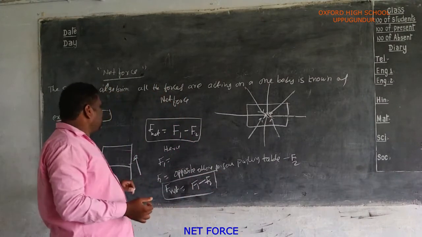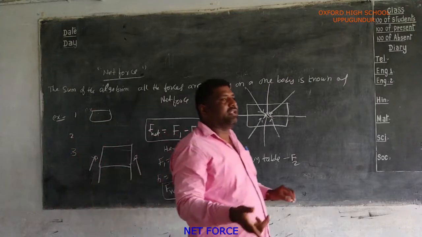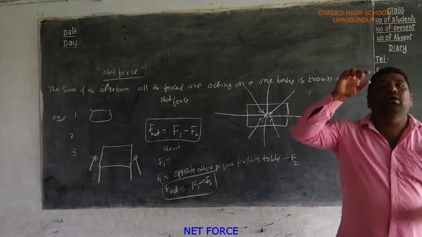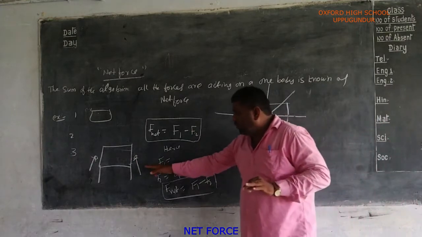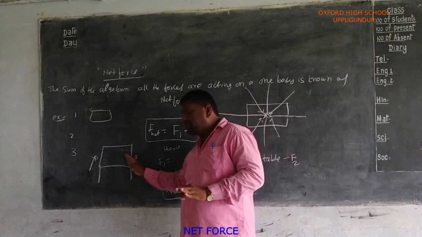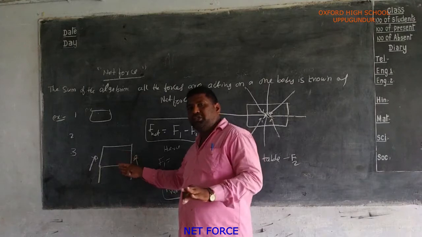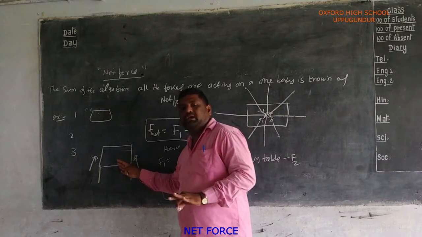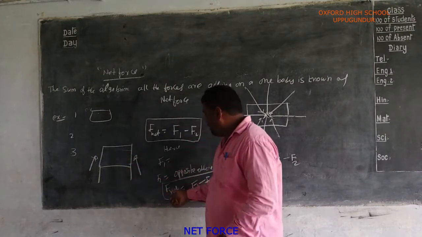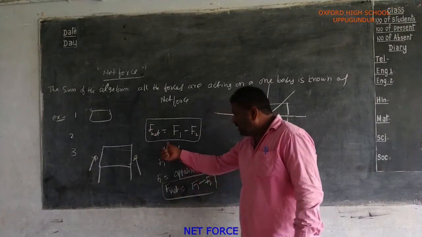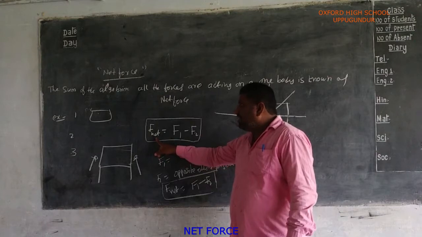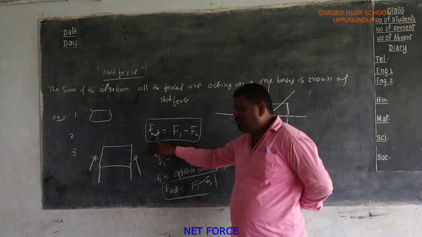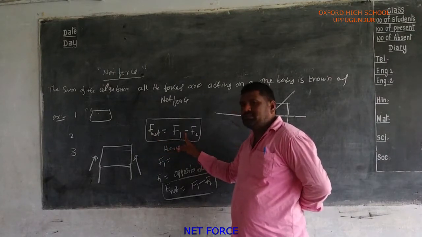In the third case, we take another bench, also made of wood. One boy pushes from one side and, at the same time, another boy pushes from the opposite side. Okay? So now we write the formula: F net, meaning net force, is equal to F1 minus F2.